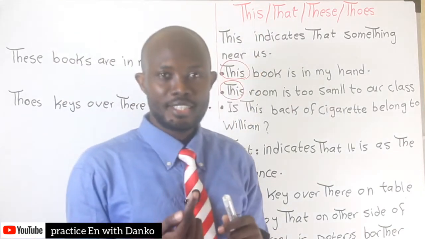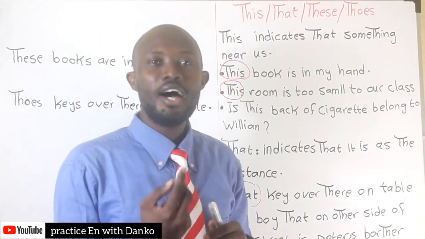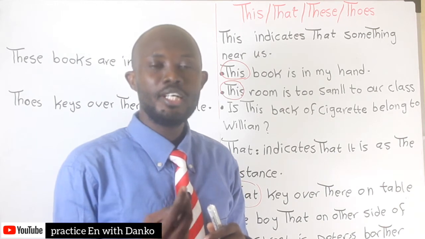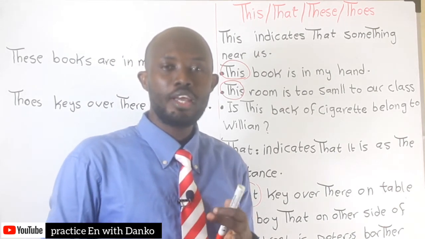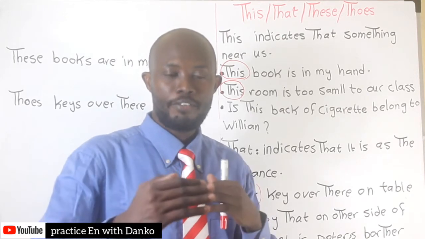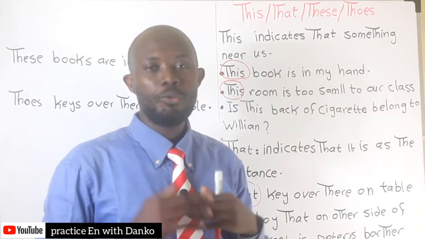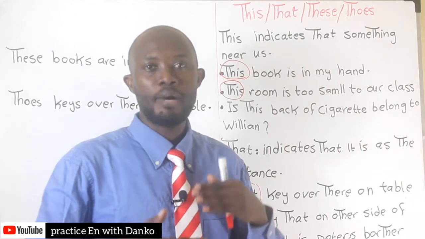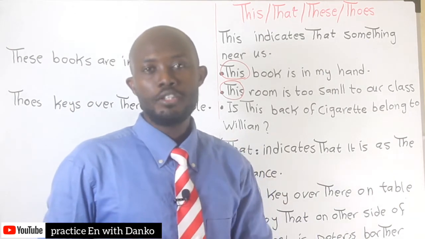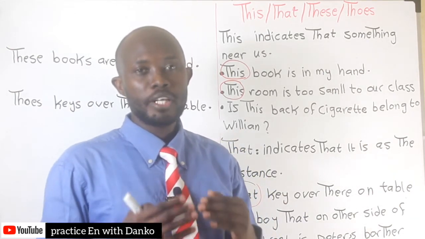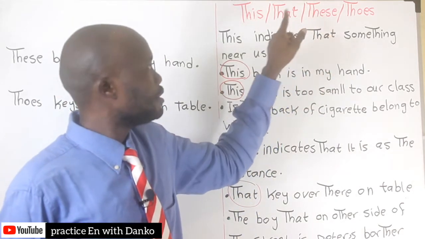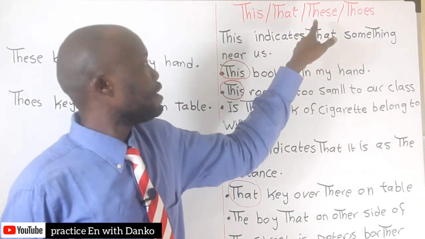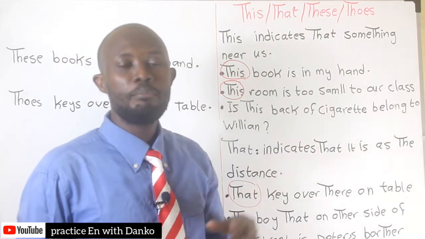So this is singular, and these indicates more than two, could be 3, 4, 5 things. You want to indicate things, but it is more than 2. Here, please use these. This is singular and these is plural.